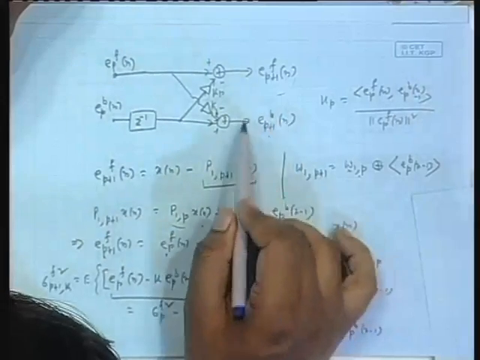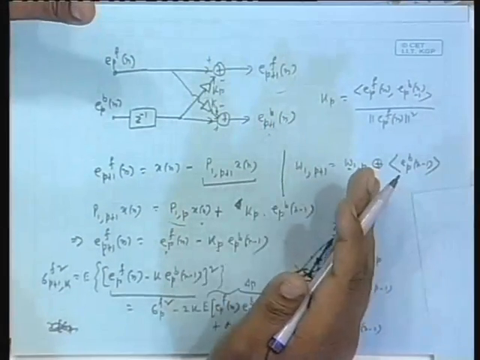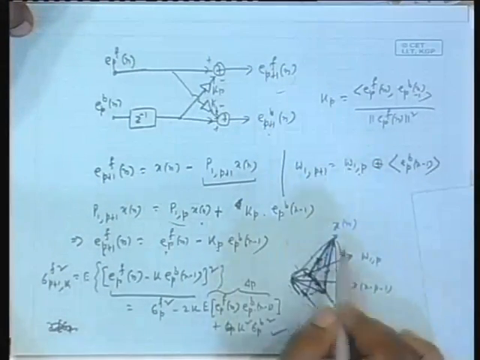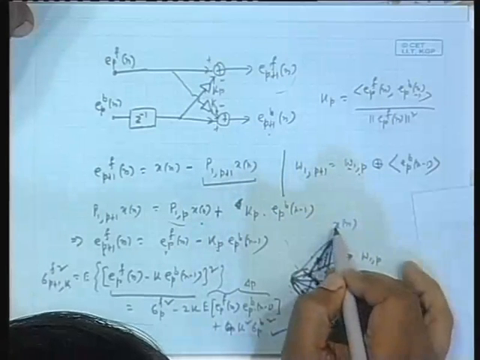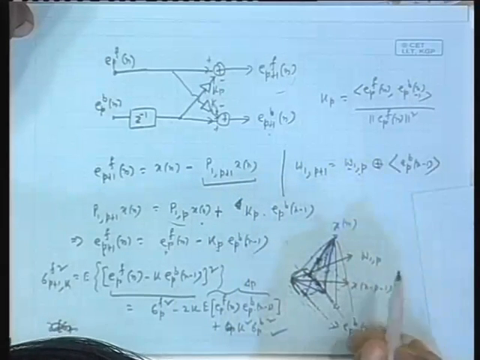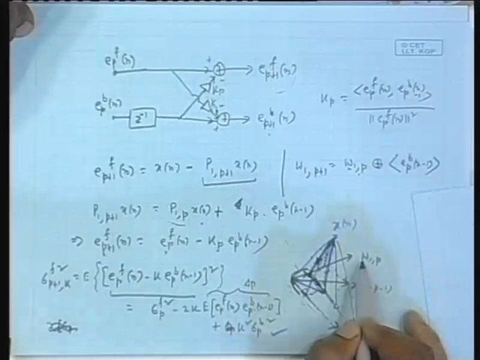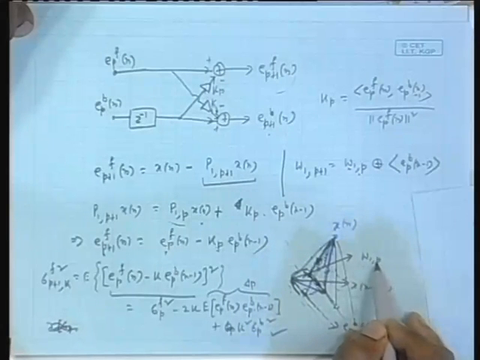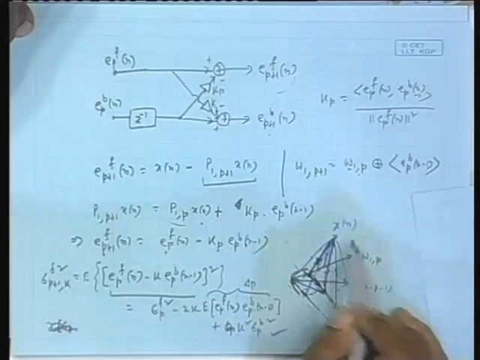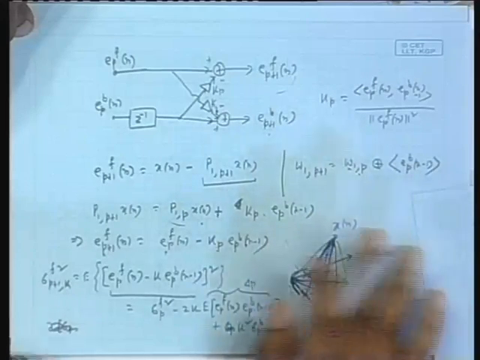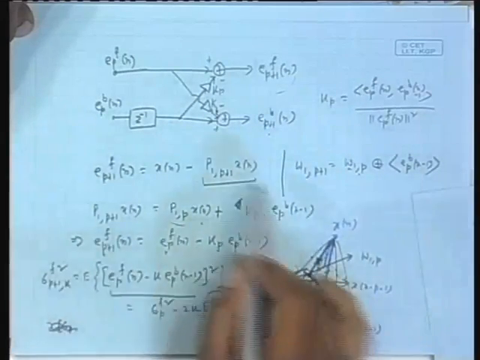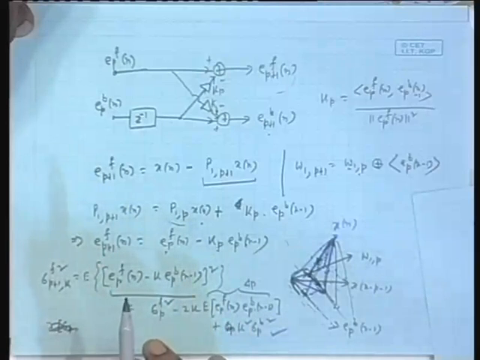But I can do the similar thing here also. It is the same projection kind of framework, only the names will change. This will become x n minus p minus 1, this will become x n, this will become w 1 to p, it will remain x n, w 1 comma p, x n minus p minus 1. Similar thing.